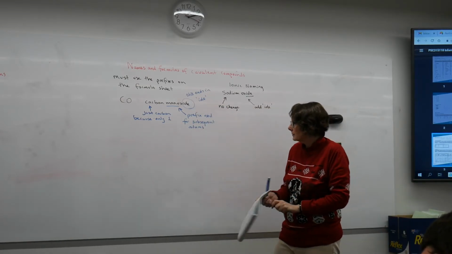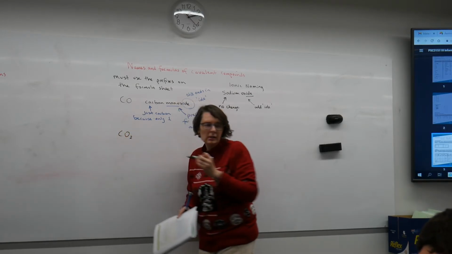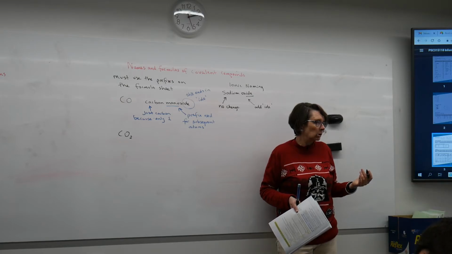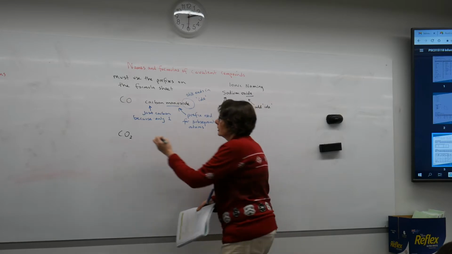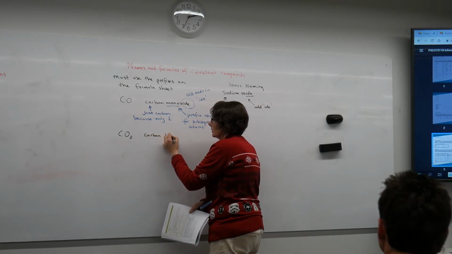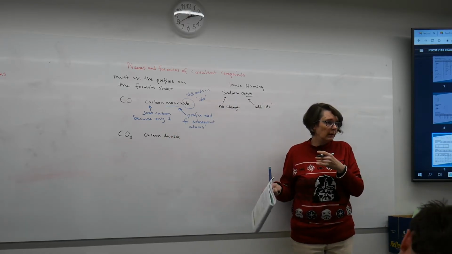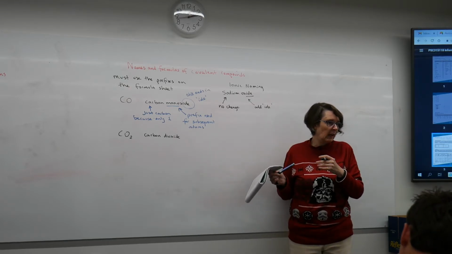What about this one? And see, this is why we need to have this different naming. Because what's this? Carbon dioxide. Now, ionic compounds cannot do this, but our nonmetals can.